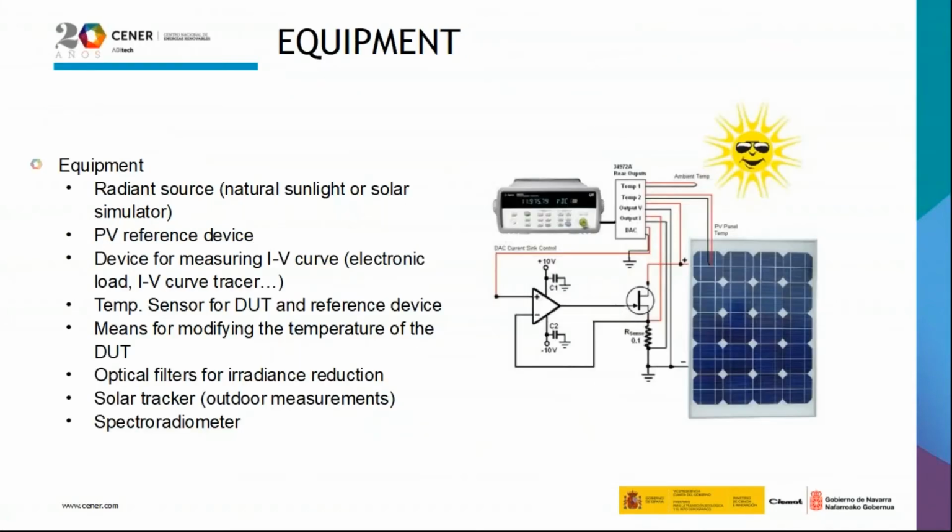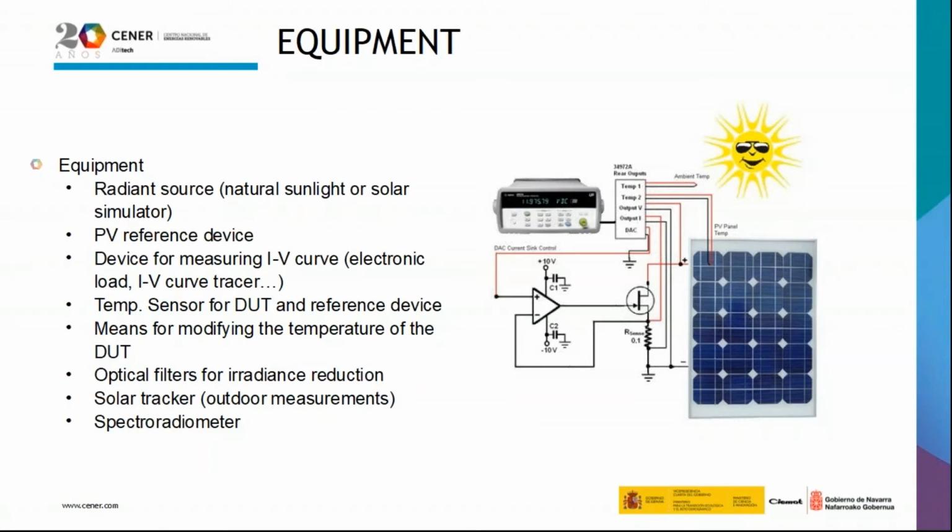So which equipment do we need for measuring? We need a radiant source, so we need light. It can be natural sunlight or it can be a solar simulator. You need a PV reference device in order to measure the light. You need something to measure the IV curve, so an electronic load, for example, to measure the current and the voltage. You need some temperature sensors for both the module and the reference cell.